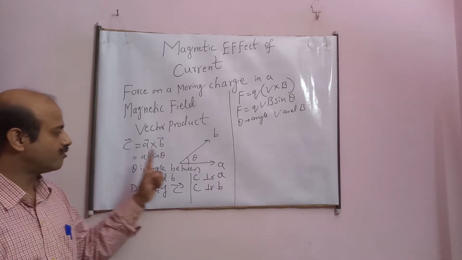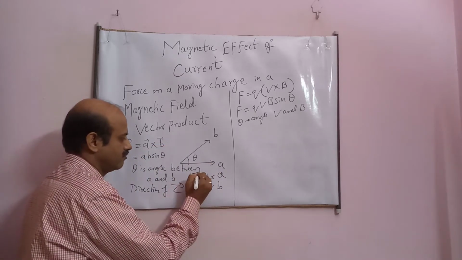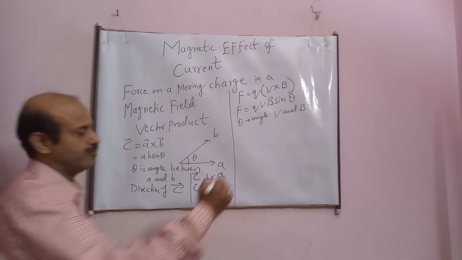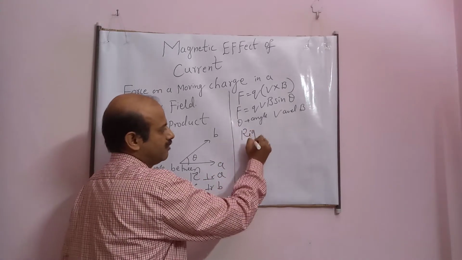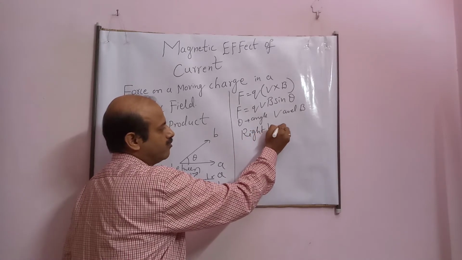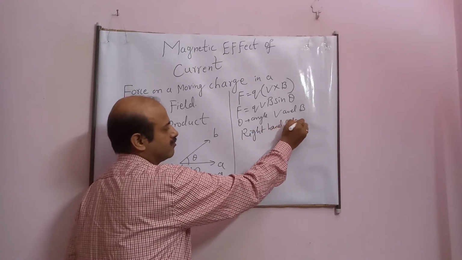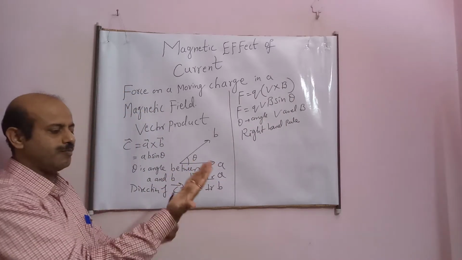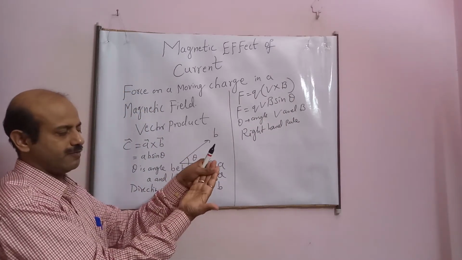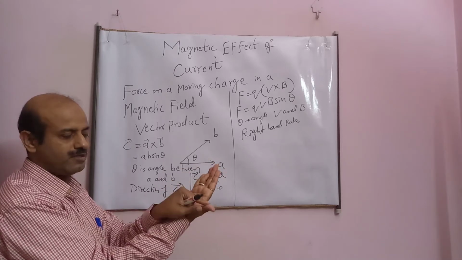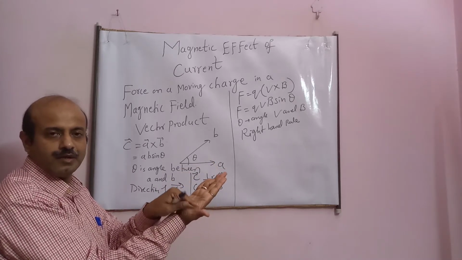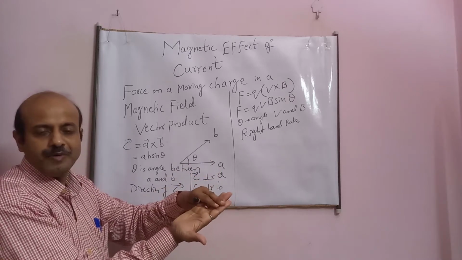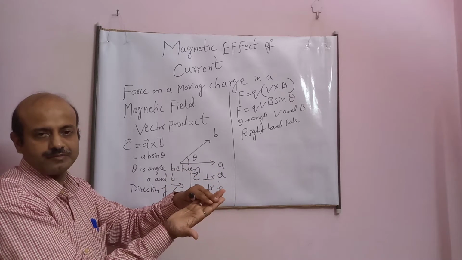Now, how to find out this direction of C? So, student, we have what is known as the right hand curl rule. We have the right hand rule. Student, you have to place the right hand like this, fingers at one place and the thumb at right angle. Now, these fingers you have to keep toward the first vector.